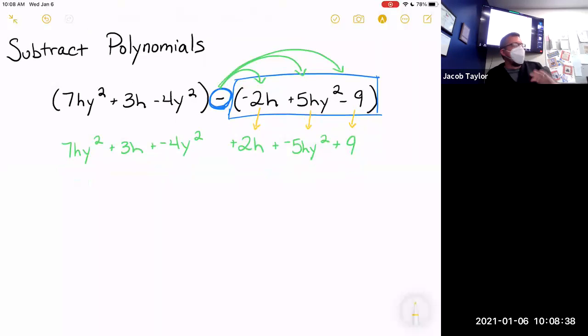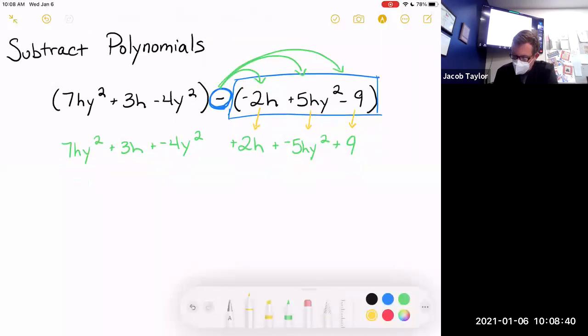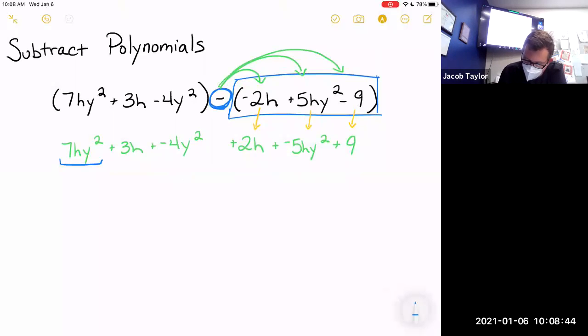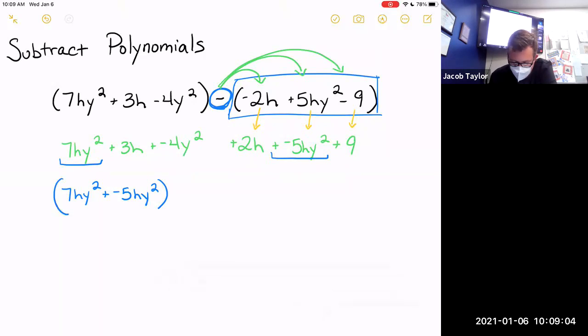Now that we've got that done, it's exactly the same as adding. We're going to group our like terms together. So let's do, here's an hy squared. Anything else in the problem with hy squared? Yep. This negative 5hy squared. There's our hy squareds together. Next comes the 3h. Can we minus it and then do it? You can, yeah.